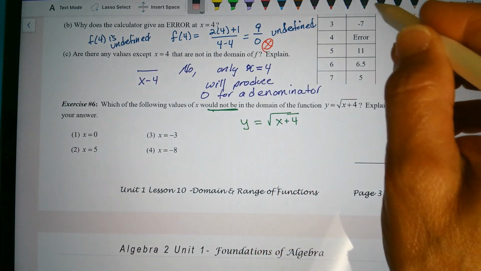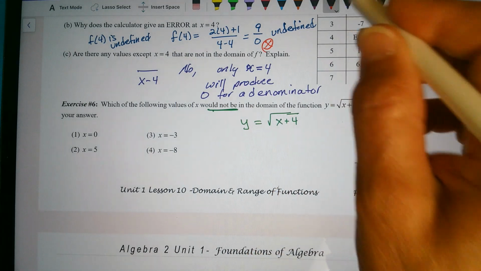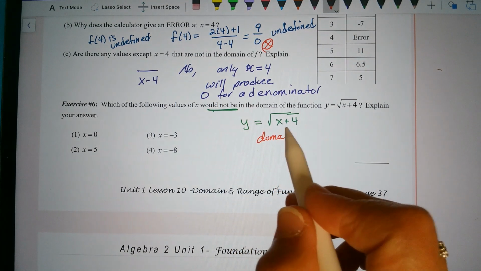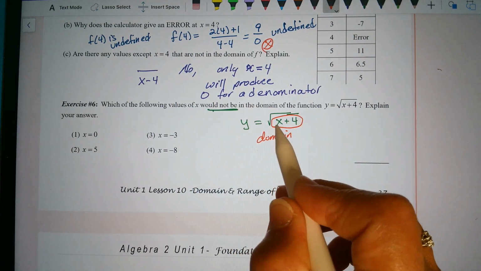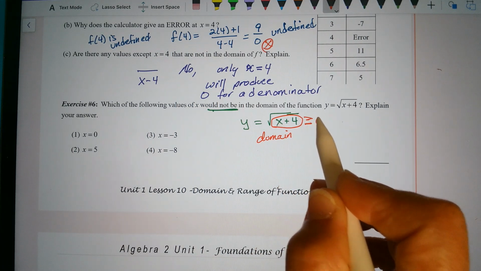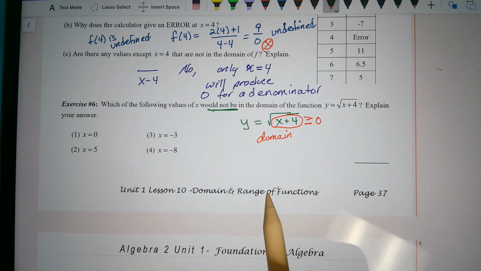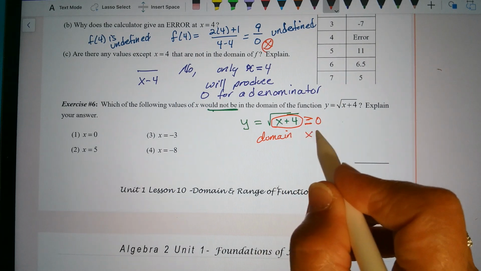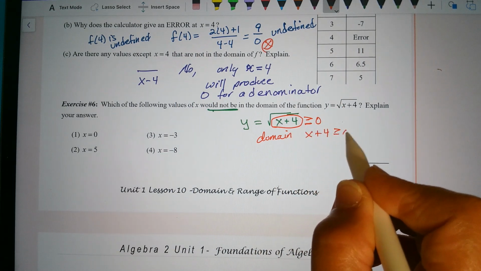So what is our domain? Our domain would have to be greater than or equal to 0, right? We can't find the square root of negative 2. It doesn't exist. So we say that x plus 4 would have to be greater than or equal to 0.